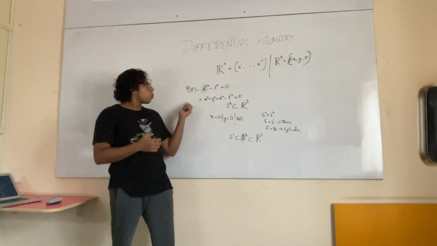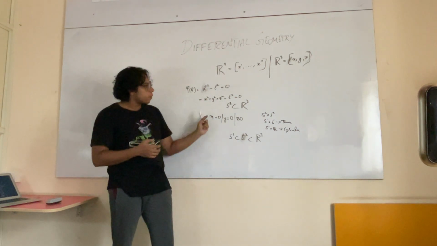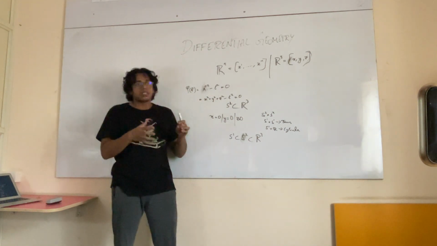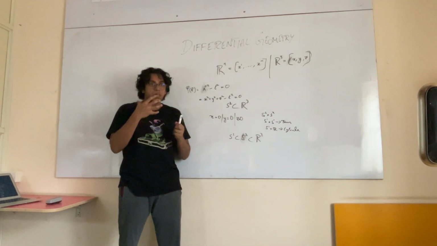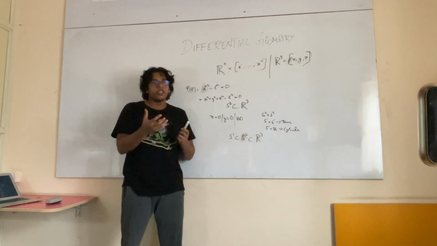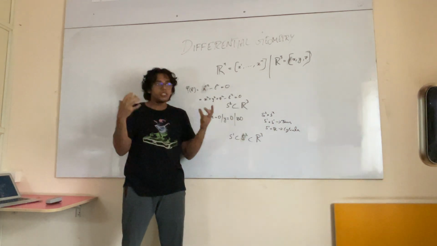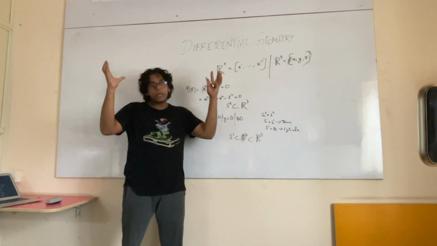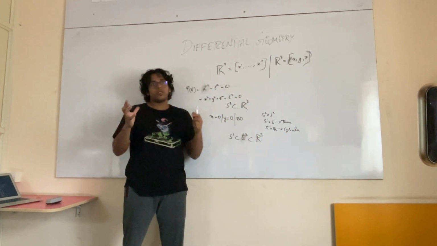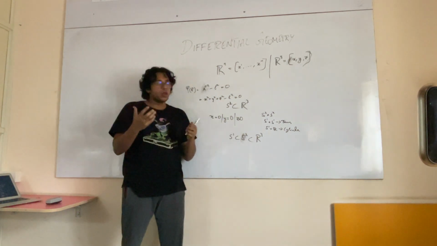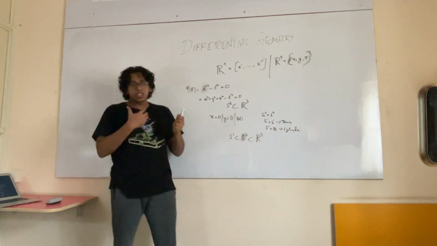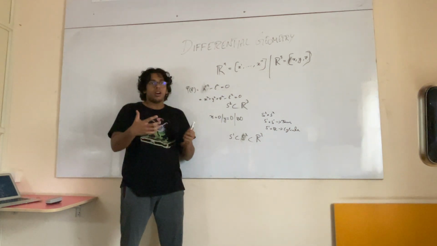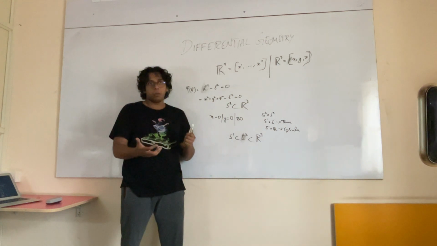But the idea that I want to get across is this, right? The more the number of equations, the more the constraints on your general set that you're taking, so you're further and further simplifying a particular problem.